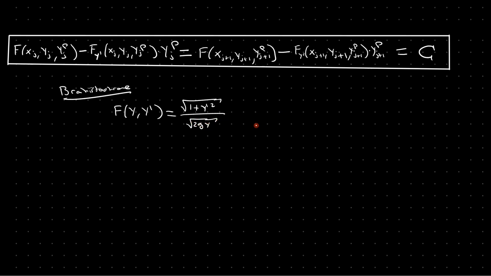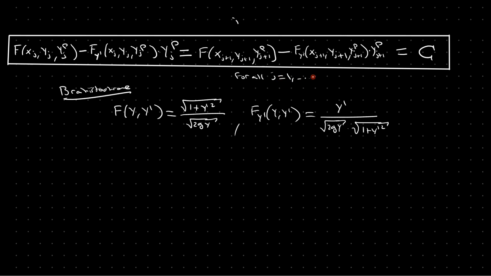And that means that fy prime of y and y prime is going to be the y prime derivative of this, which by the multivariable chain rule, we end up getting that's y prime over the square root of 2gy times the square root of 1 plus y prime squared. And so we note that this needs to be true for all j.